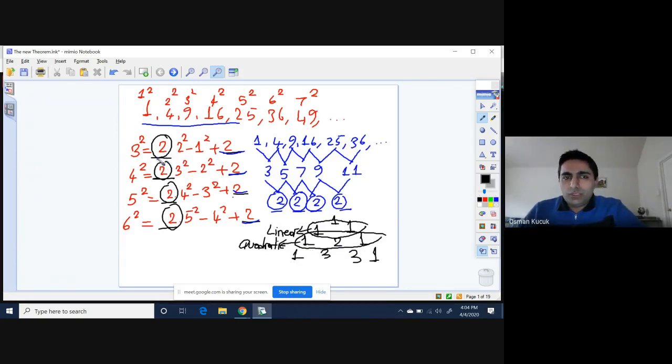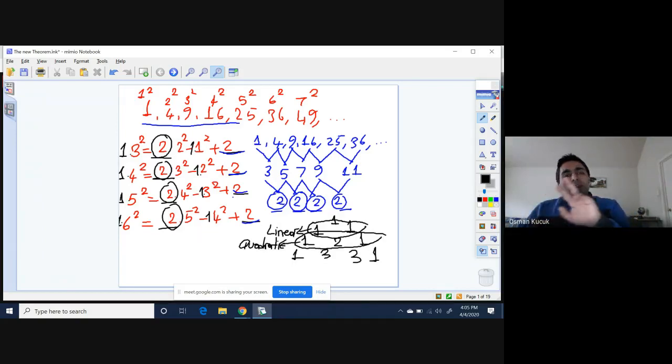We see the coefficient 2, but where are these 1 and 1? If you multiply a number by 1, it is equal to itself. So 1 times 3 squared is itself. 1 times 4 squared, 1 times 5 squared, 1 times 6 squared. You can also multiply these perfect squares by 1 as well. 1 times 1 squared, 1 times 2 squared, 1 times 3 squared, and 1 times 4 squared.